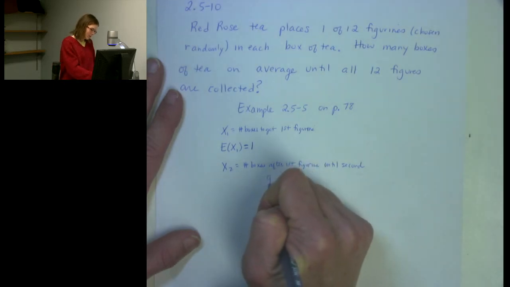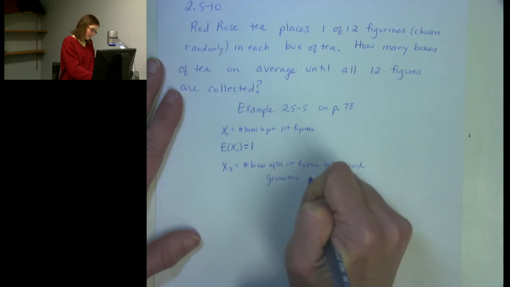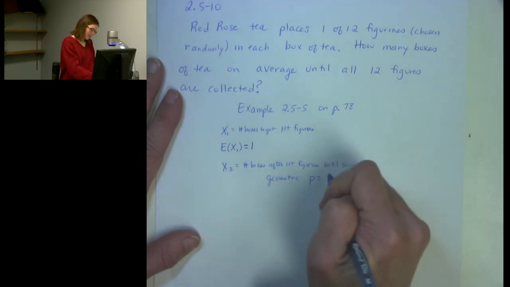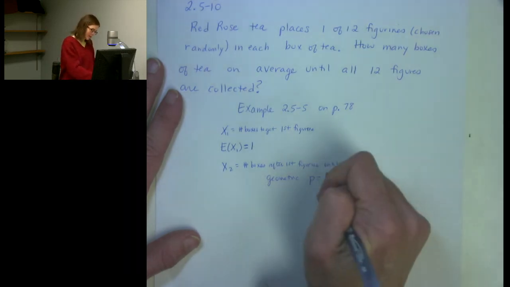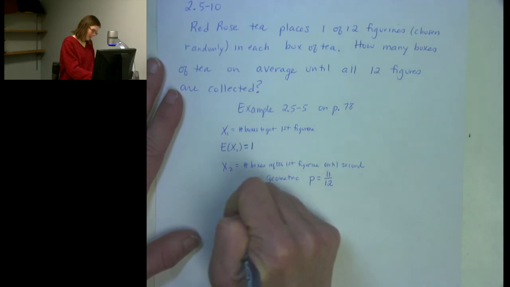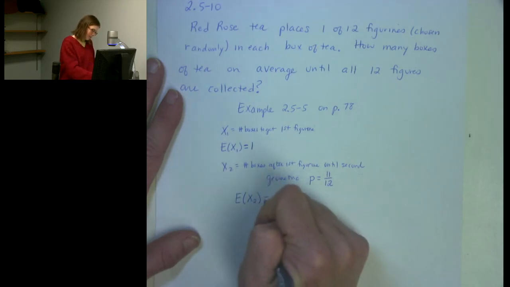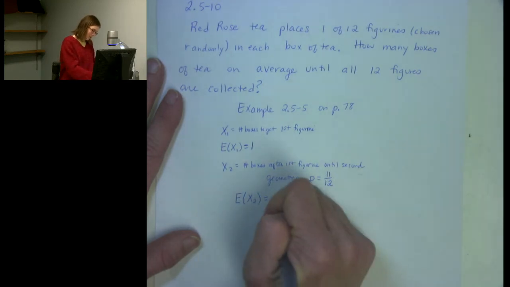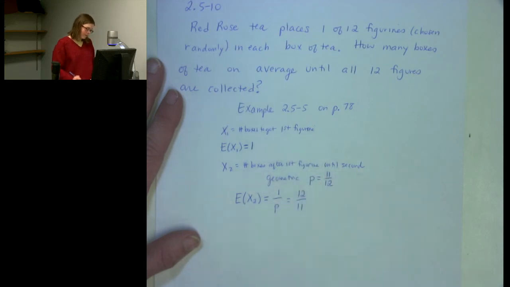This has a geometric distribution with P equal to, now there's 1 out of the 12 that we already have, so there are 11 out of 12 that we haven't. And so the expected number of boxes till we get the second one is going to be 1 over P, which is 12 over 11.